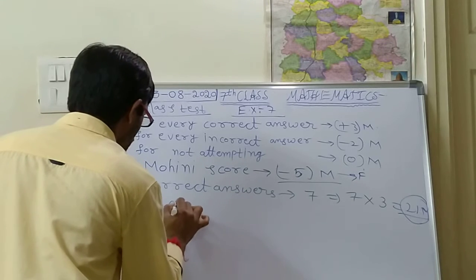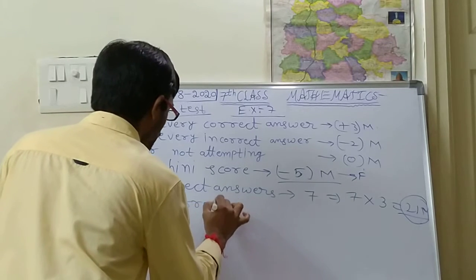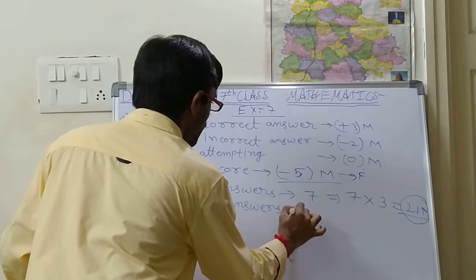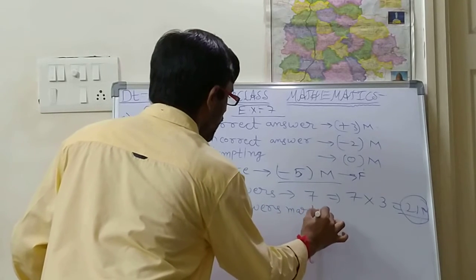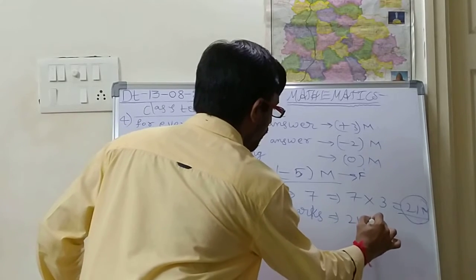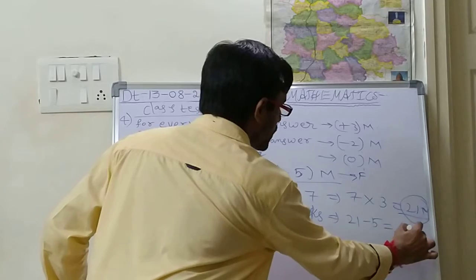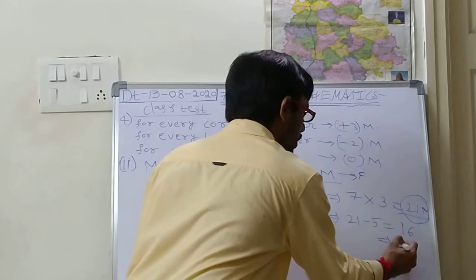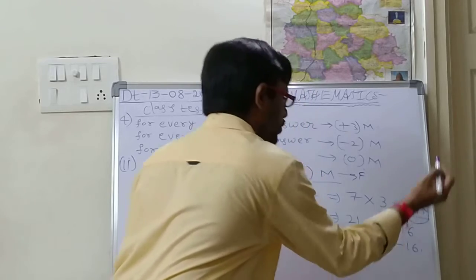Incorrect answers marks is 21 minus 5, so 16. For incorrect answers, always the number should be negative.